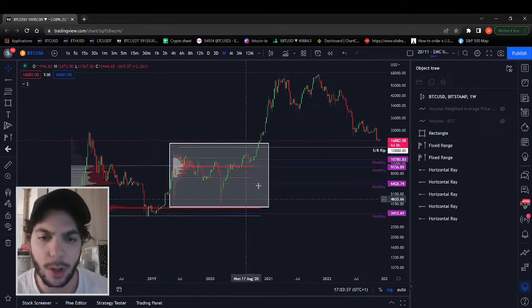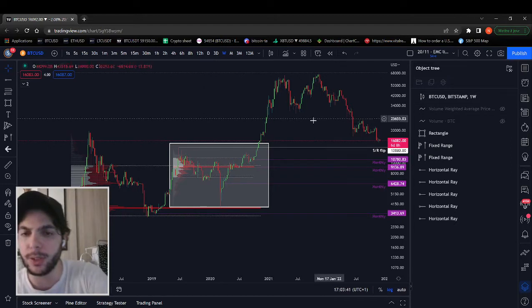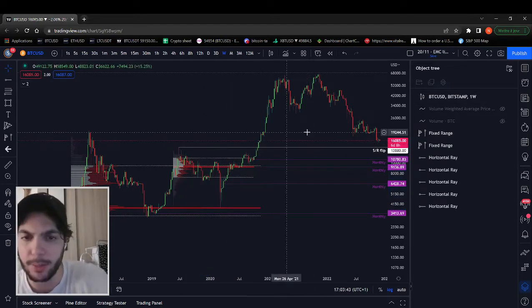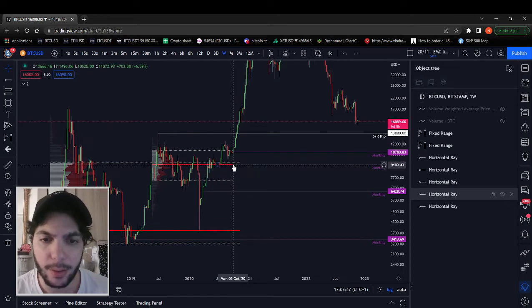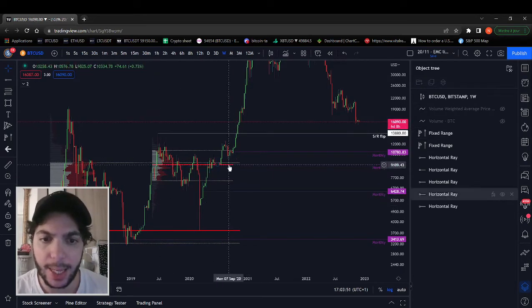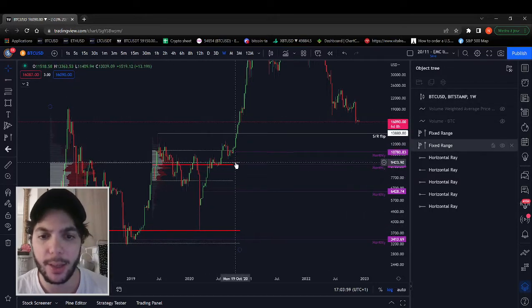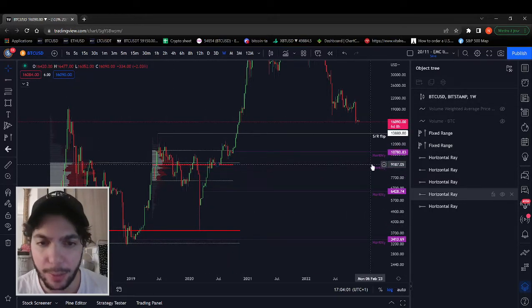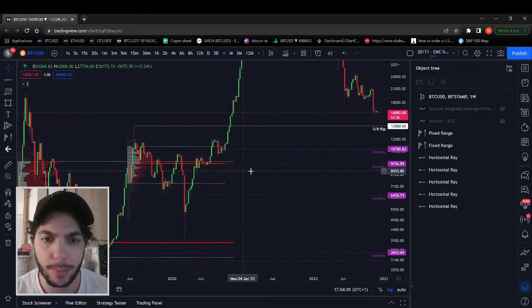So let's go into this one here because it's the first area of support that we're going to be hitting, and it's very interesting because you have a volume level here, you have the point of control of this consolidation area aligned with the value area high of this whole range since 2017. You have a monthly level right there, and on top of that you have some resting liquidity below.